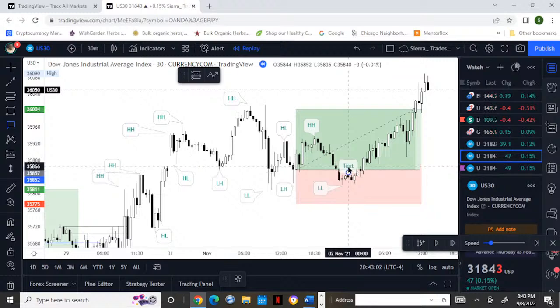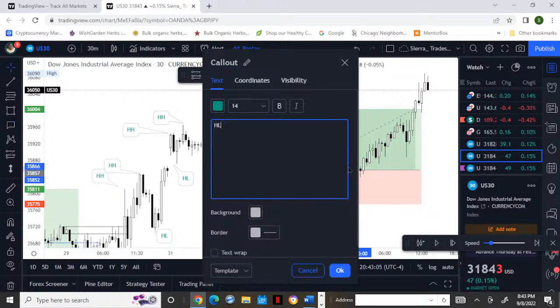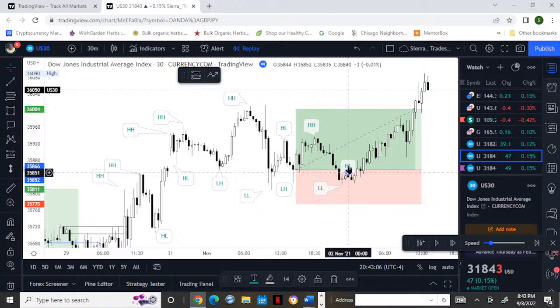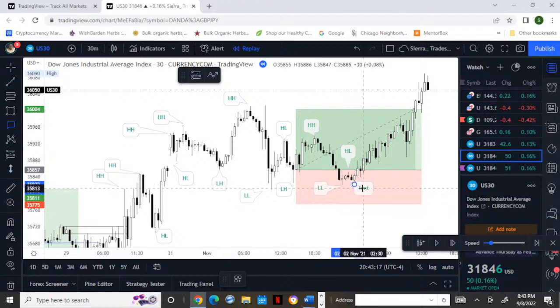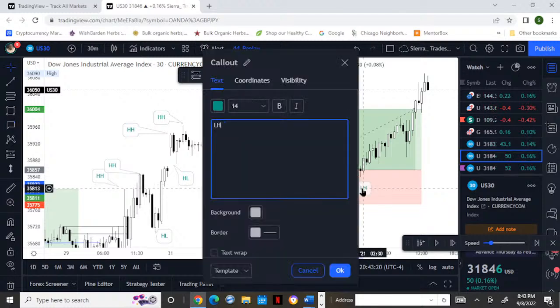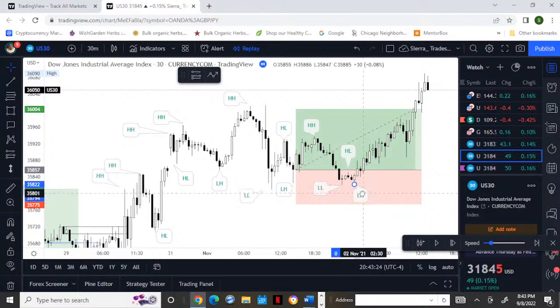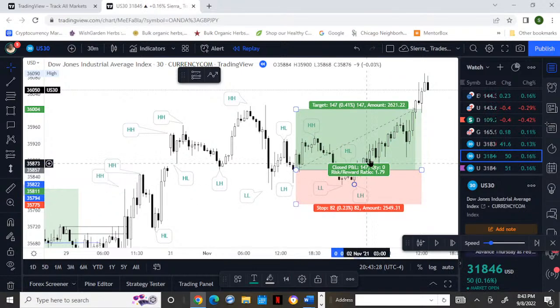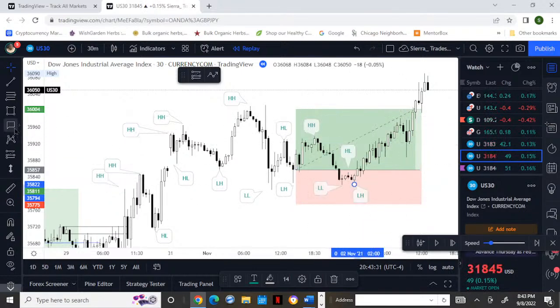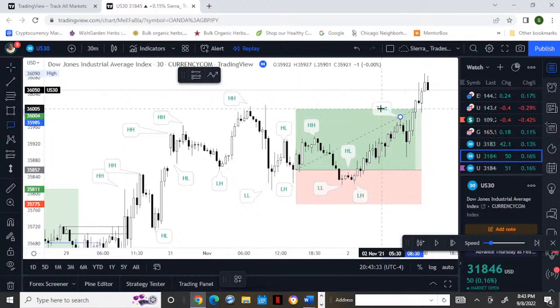So we're going to mark it. Higher low here. This little point right here. And then it gave us another little wave. It's not lower than this, so it gave us a lower high. And then it gave us this full bull run here and gave us our new higher high.